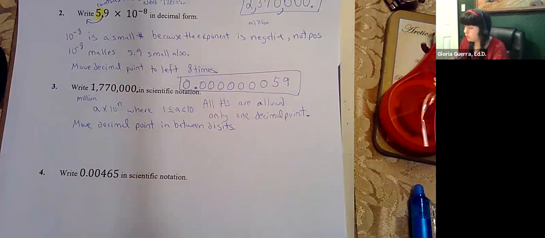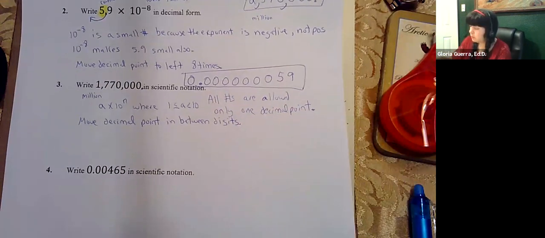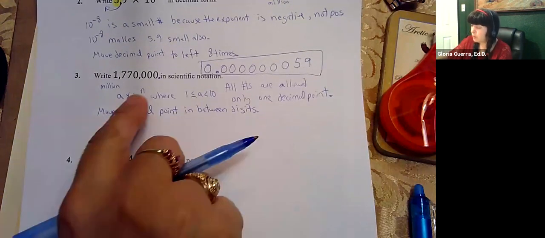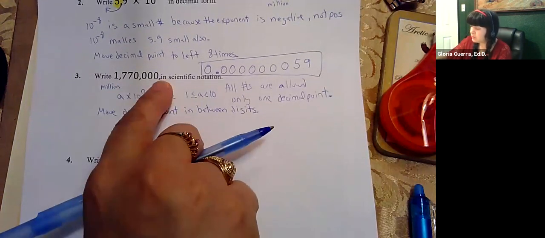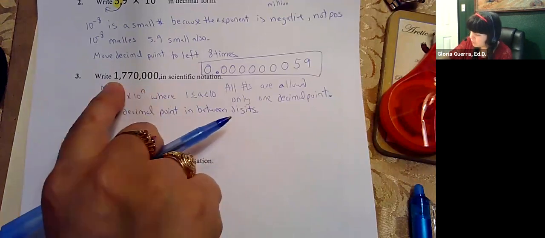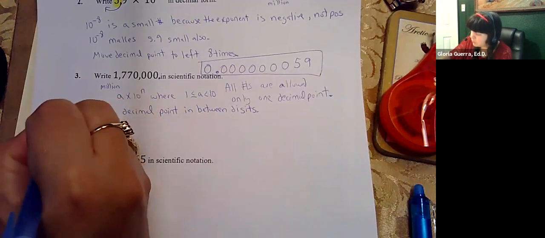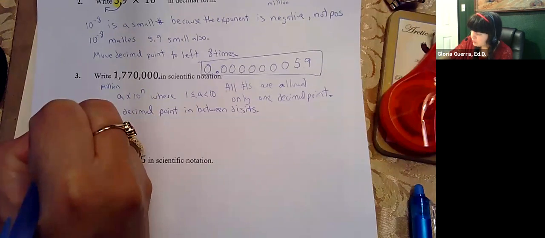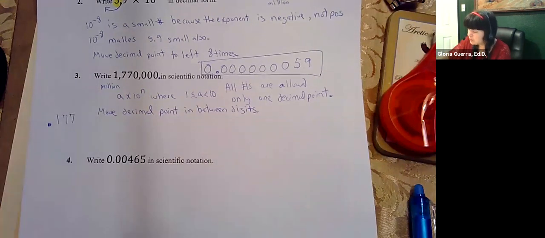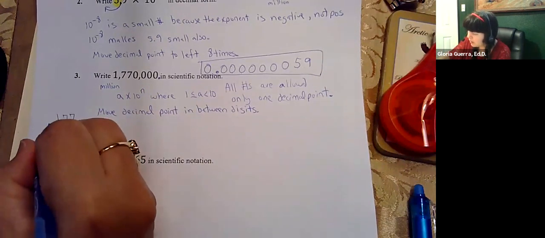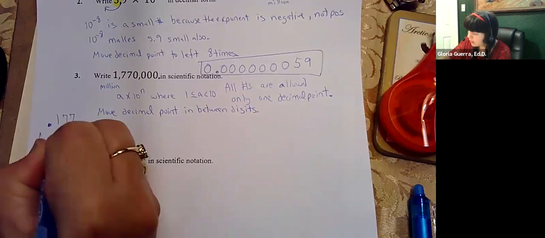Okay, so we're going to play a little bit. You see your decimal point here, you're like, well, where am I going to move that? So people might say, well, what if I move it way in the front, in front of that 1, 7, 7? And somebody will say, well, what if I move it after the 1, 7, 7?